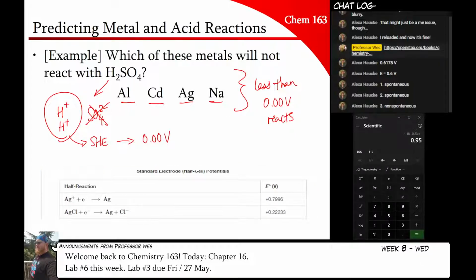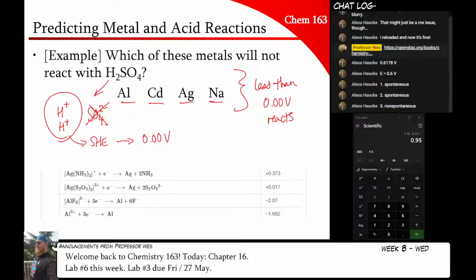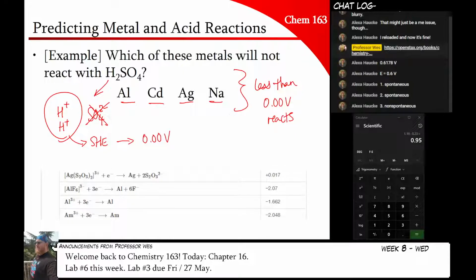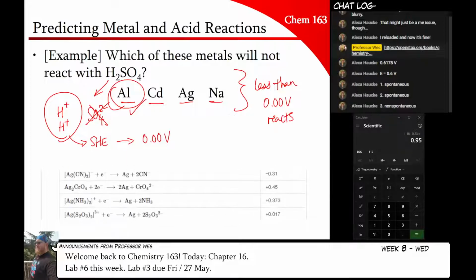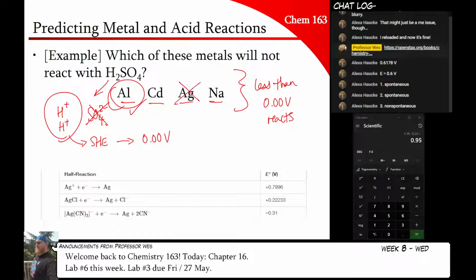Alright, so we'll go all the way to the top here. So let's find aluminum. Will aluminum react with H+ here? Absolutely. Its voltage is negative 1.662, so this will. What about cadmium? Actually, silver is next on the list. Here's silver. Silver is positive 0.7996, so silver will not react with sulfuric acid.